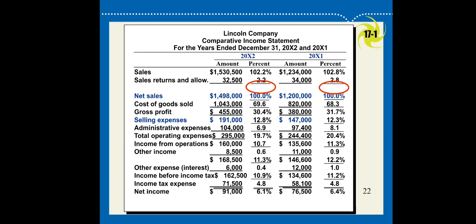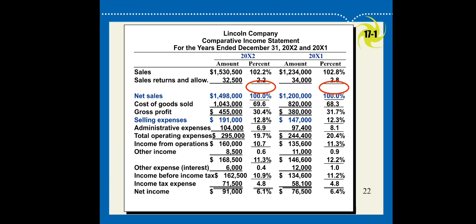And then also, if we have 2 years data like this, we can compare the percentage of net income of current year with the percentage of net income in the previous year. So you can see here, in the previous year, in year 2000X1, the percentage of net income is 6.4%. But the current year, 2000X2, is 6.1%.